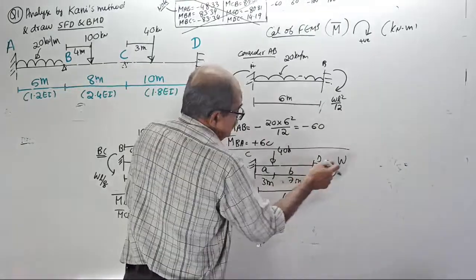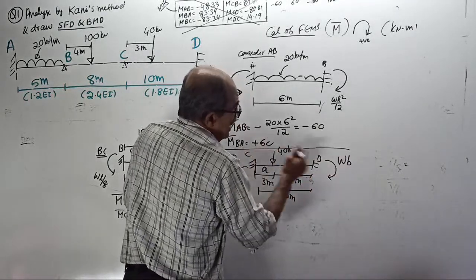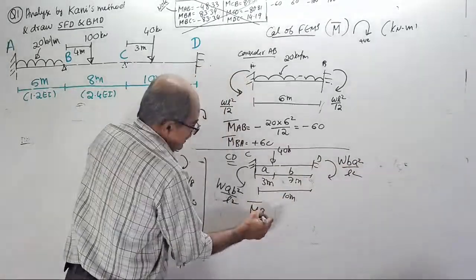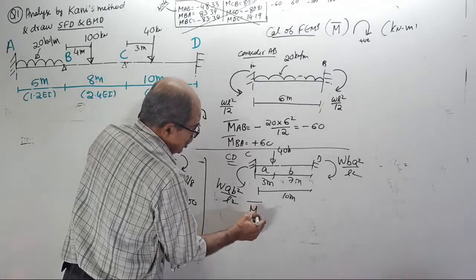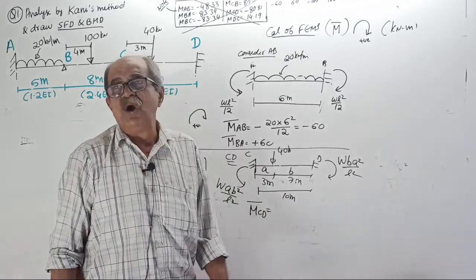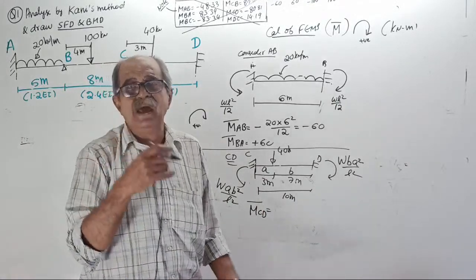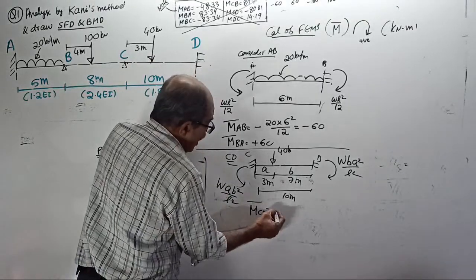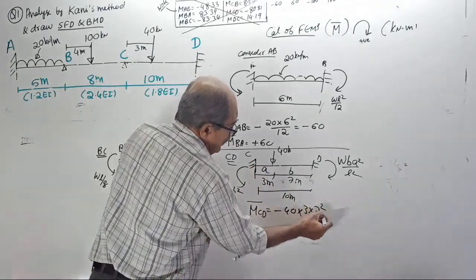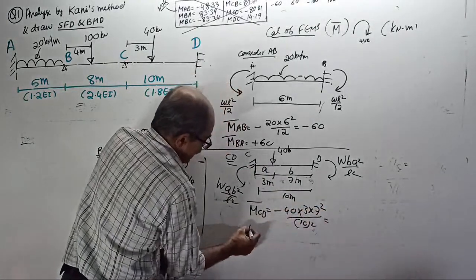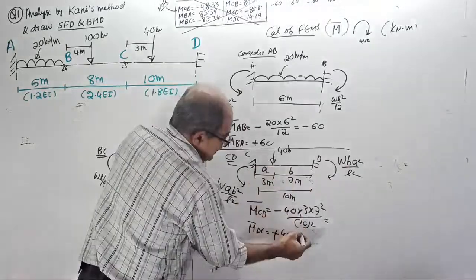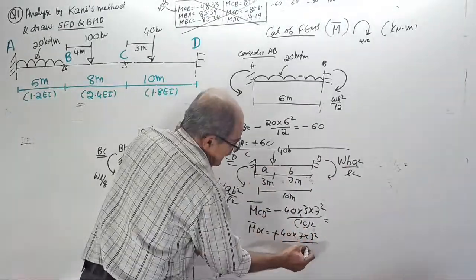For the other end, load into distance B into A square by L square. All this I told you in the YouTube class. Even newcomers, go back there. I uploaded a class on YouTube for so many FPMs. If you cannot read that, then don't come to my class. So minus 40 into 3 into 7 square by 10 square. M bar DC you have to calculate: plus 40 into 7 into 3 square by 10 square.